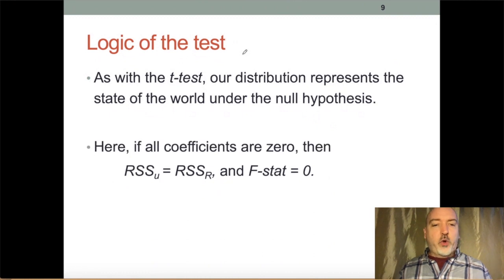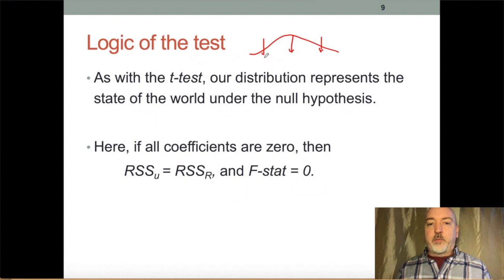So just another quick word about the intuition, the logic of the test. It's the same story that we told with the t-test. So remember, with the t-test, we had that distribution centered at 0, and then we looked at the critical values in the tail.